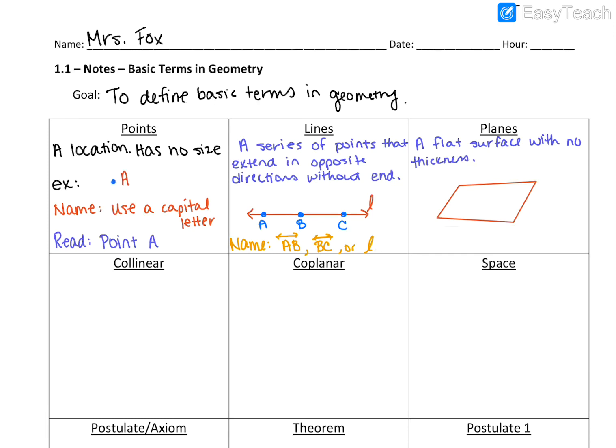This plane is going to contain many points and lines within that plane. This plane, my drawing here, the example, is actually only representing a part of a plane because a plane extends forever in all directions.